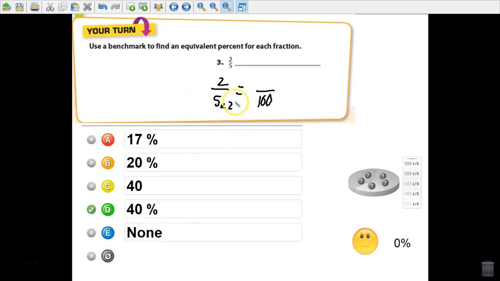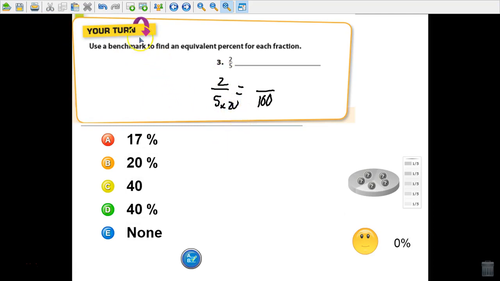And there it goes. It shows you that it's 40. So that's 20. I multiply 2 times 20, and 2 times 20 is 40. 40 to 100, that'd be 40%. My answer is D.